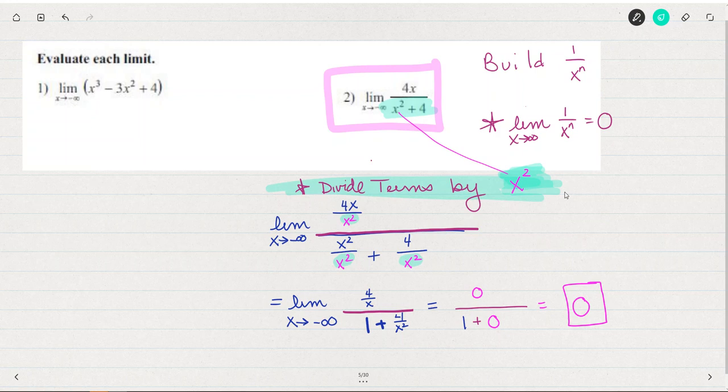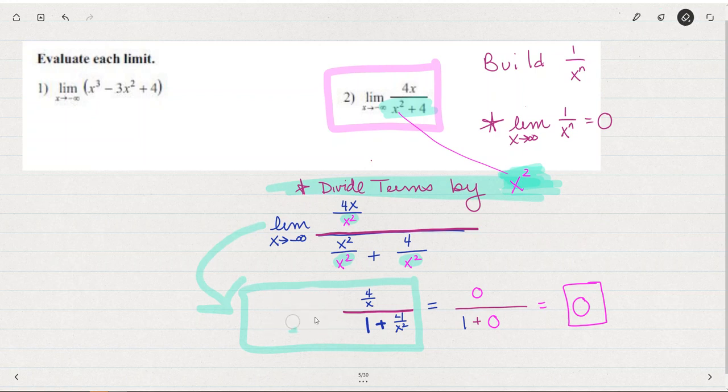When we simplify that, we've got the limit as x approaches negative infinity. Oh, by the way, did you leave off this limit as x approaches negative infinity? I see that so often where students go from this step to this step and forget that it's a limit, and they just have this.